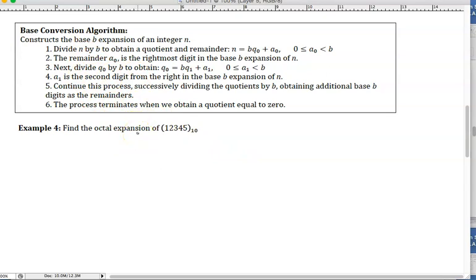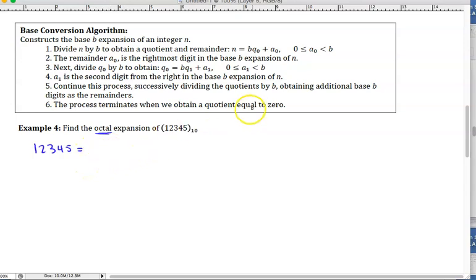Basically, this is repeated division and keeping track of the remainders. We sort of saw this with base 2, but we're doing this in other bases now. So I'm going to take the number 12345, which is a base 10 number, and find the octal expansion.